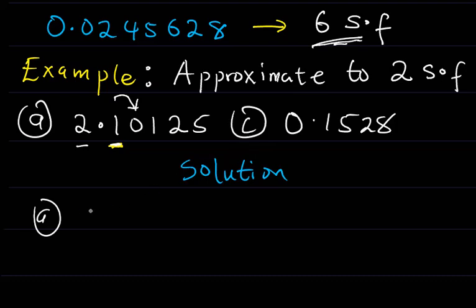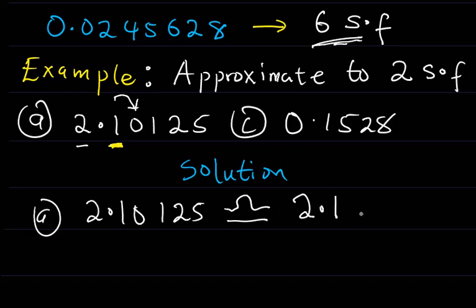Invariably, this simply means that 2.10125 is approximately equal to 2.1.